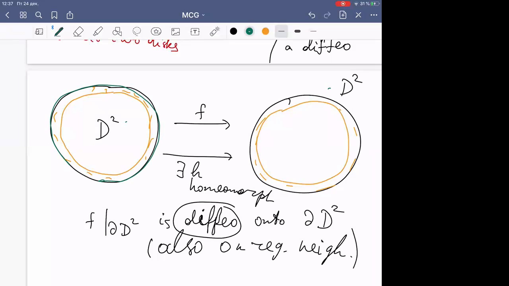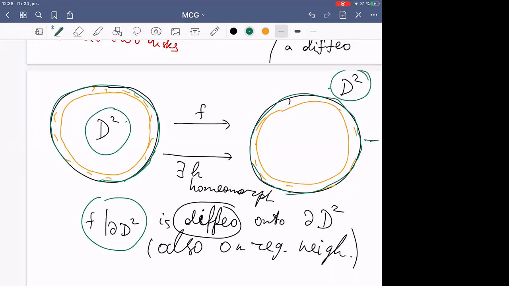Every diffeomorphism on the boundary is homotopic to either the identity diffeomorphism or just a reflection into some line. But changing orientation, we may achieve that its restriction to the boundary is homotopic just to the identity homeomorphism on the boundary. So we can identify this disk and that disk so that F is the identity on the boundary.